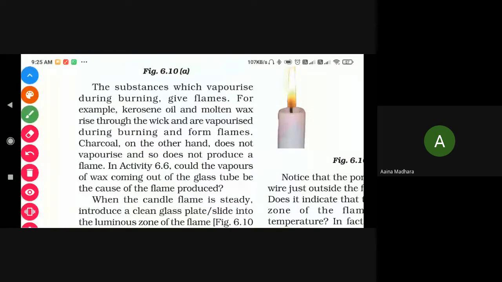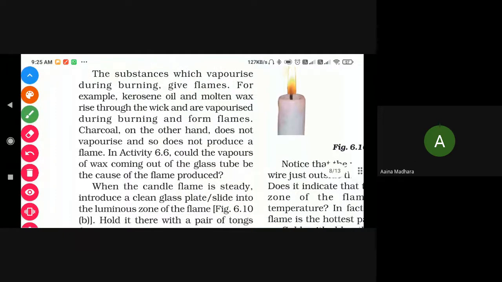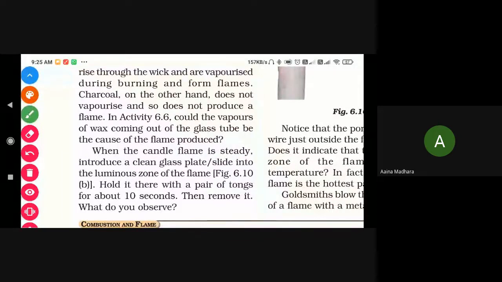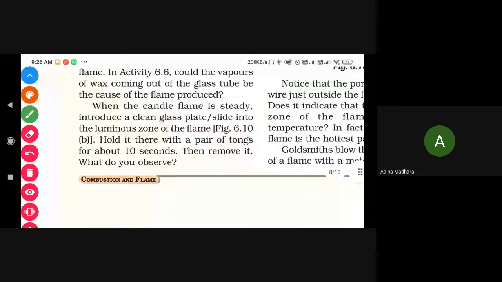Charcoal, on the other hand, does not vaporize and so does not produce a flame. In activity 6.6, the vapors of wax coming out of the glass tube are the cause of the flame. Very good.